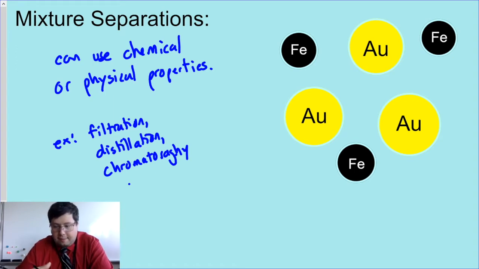If we have a porous piece of filter paper with holes that only allow certain sizes through, we can pass some substances through the filter paper, but have some remain behind. Distillation separates by boiling point. And then chromatography separates based on substances' adhesion to different materials, whether they want to stick with one material or move on from that material.